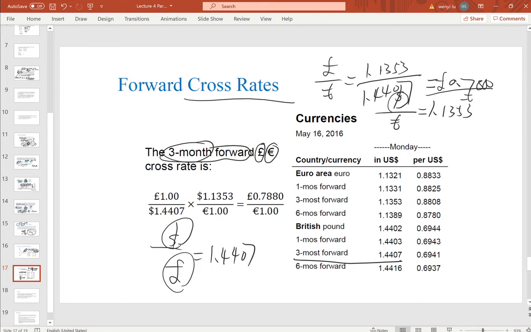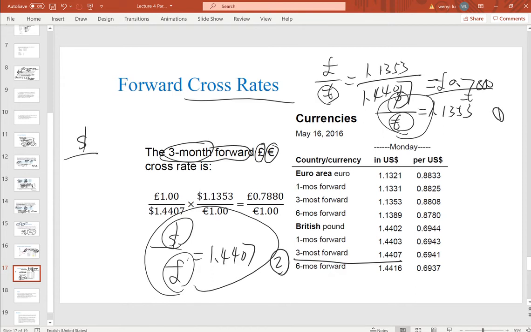And which one should be first? You can say the euro is already in the correct position, but this one's not, right? So this one should be first, then divide by something you must swap to the top, right? So it should be this one over this one. So we have the dollar over euro divided by the dollar over the pound.